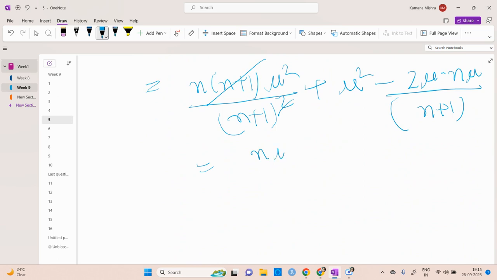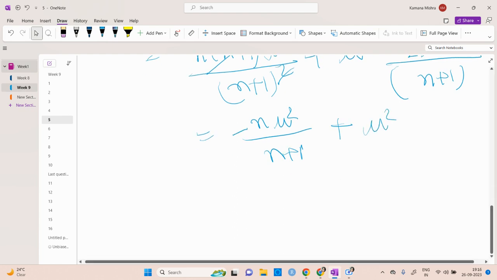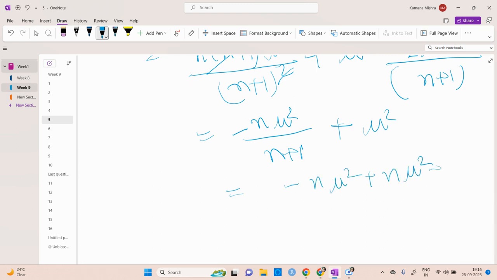So it is n mu square divided by n plus 1 plus mu square, and then the minus will be cancelled out. So it will be minus n mu square plus n mu square plus mu square divided by n plus 1, right? So these will be cancelled out.